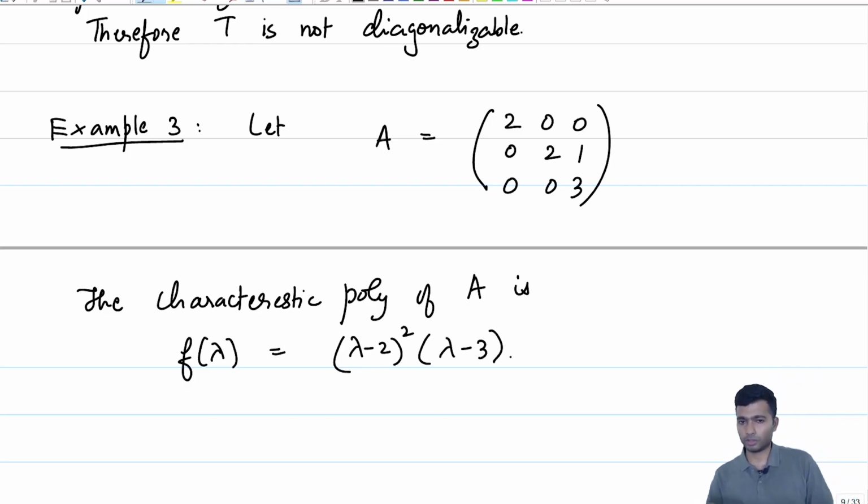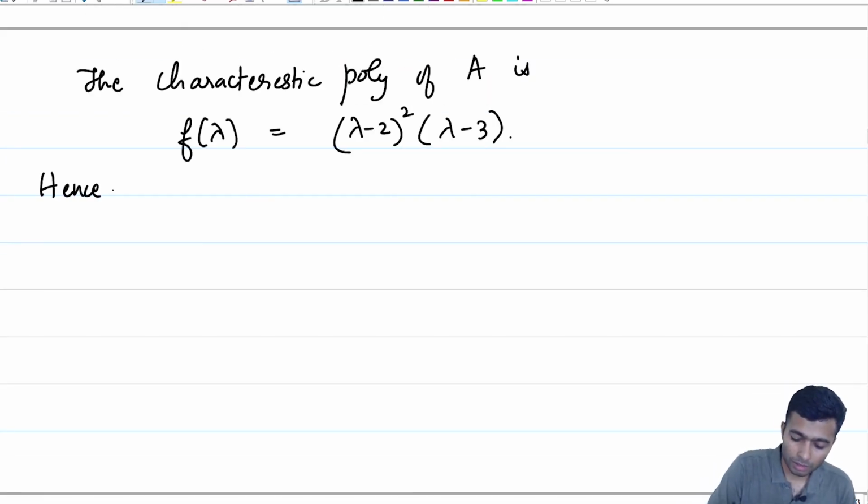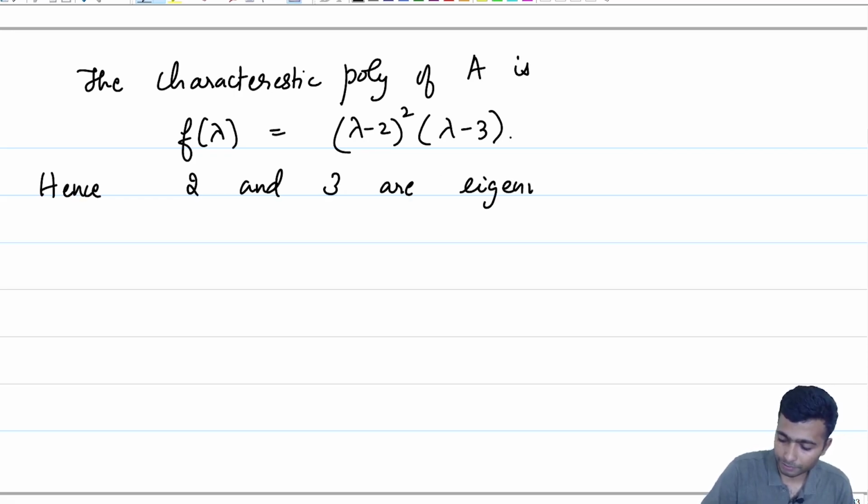So there are two eigenvalues of A. Hence 2 and 3 are eigenvalues of A.